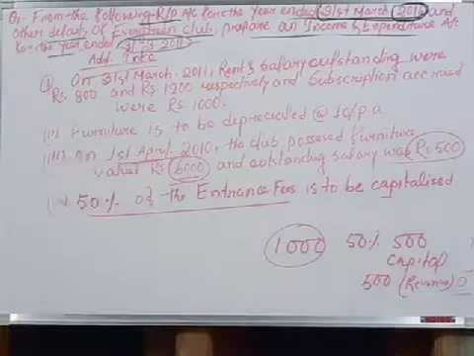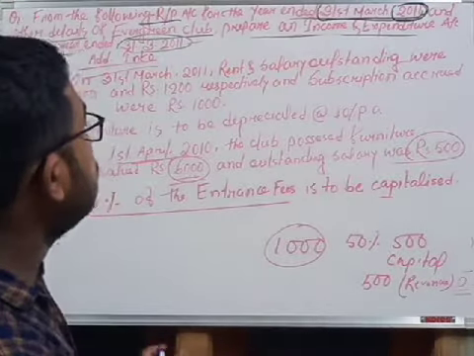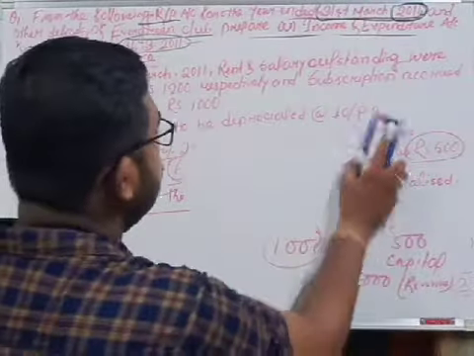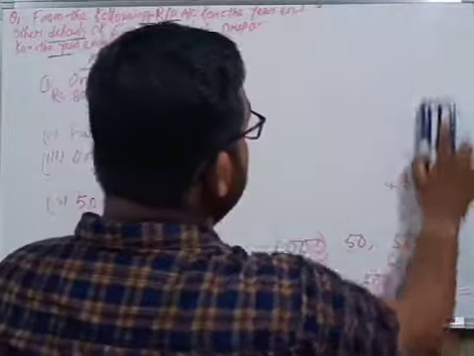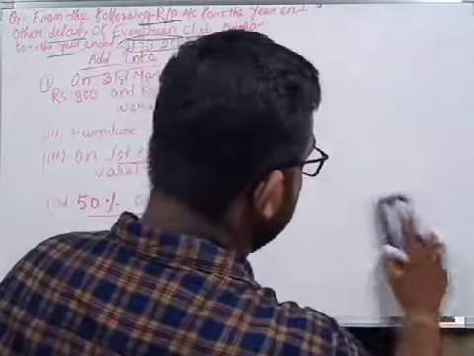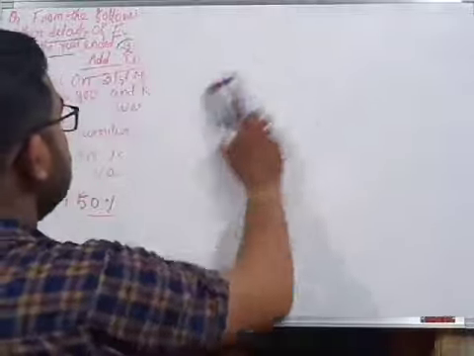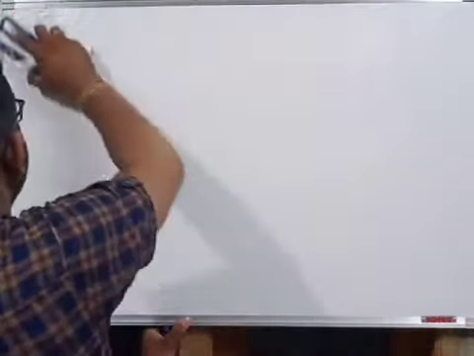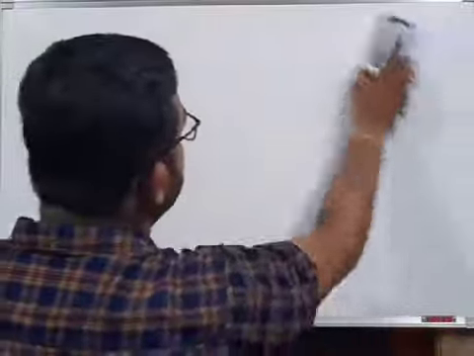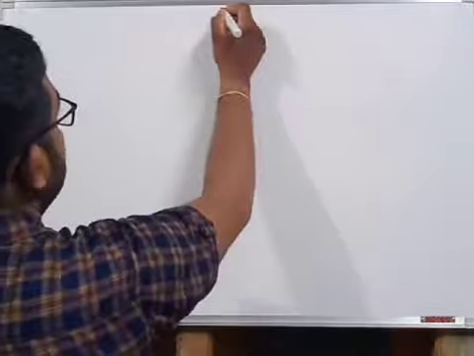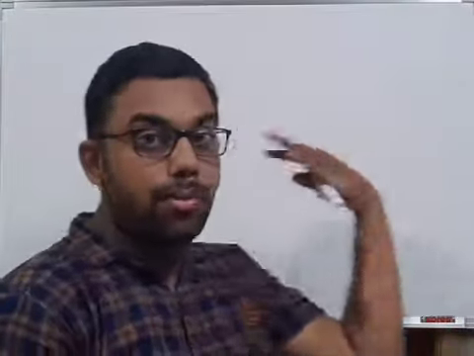Okay, so let's start the solution. First we have to write at the top of the account the name of the organization, that is, in the books of the Evergreen Club, because in our question it is a club, and the name of the club is Evergreen Club.